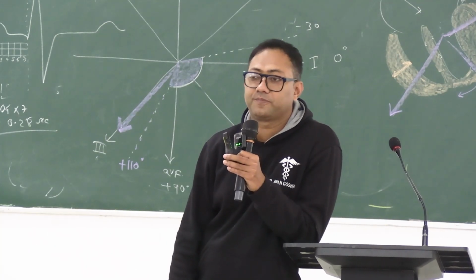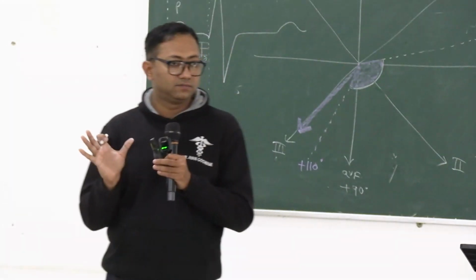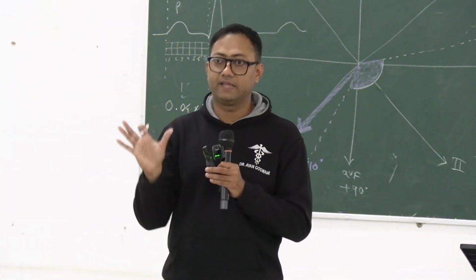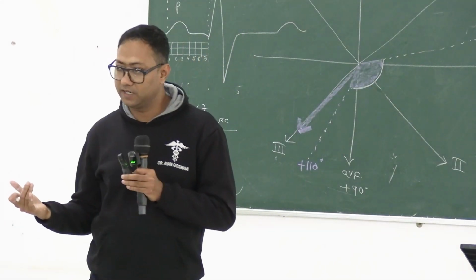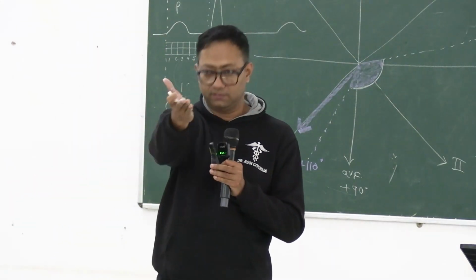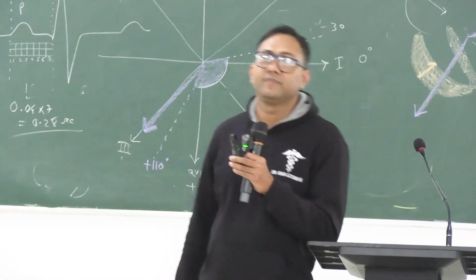So this is called the PR interval, and it gives you the time the atrial depolarization takes to travel to ventricular depolarization. It also includes the AV nodal delay. Clear?